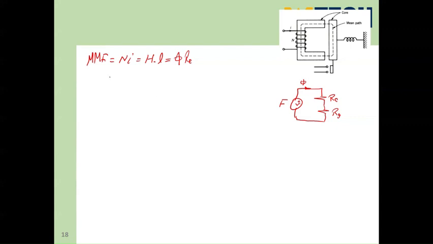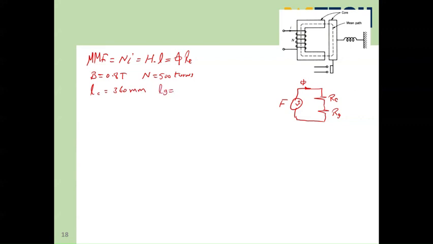The given data again: B equals 0.8 Tesla, N equals 500 turns, and L core equals 360 millimeter, and the length of the air gap.